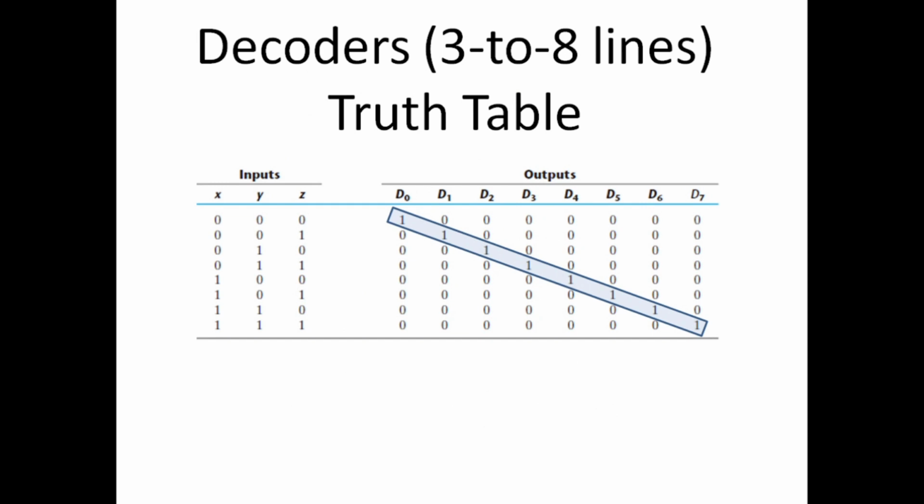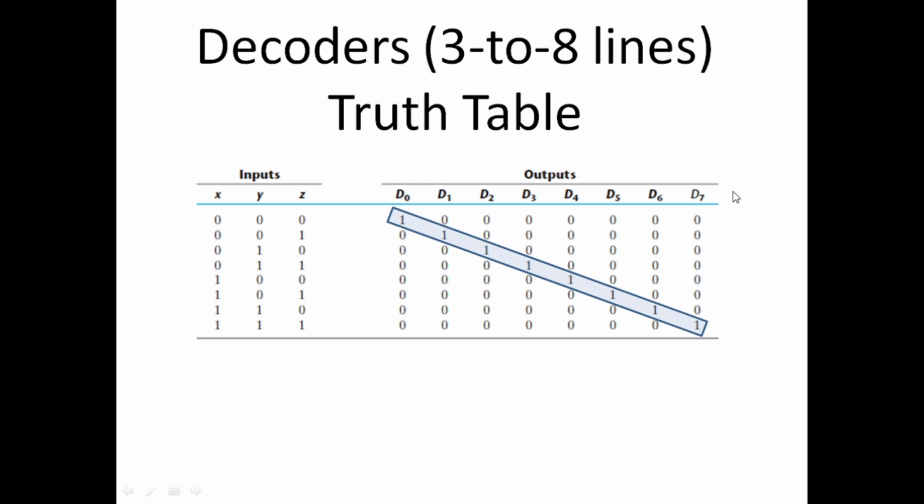Just to compare with the 3 to 8 line decoder, as we have 8 outputs in the 3 to 8 line decoder, we would have 10 outputs in the BCD to decimal decoder, and those outputs would be D0, D1, D2, D3, D4, D5, D6, D7, and there will be 2 other columns for D8 and D9.